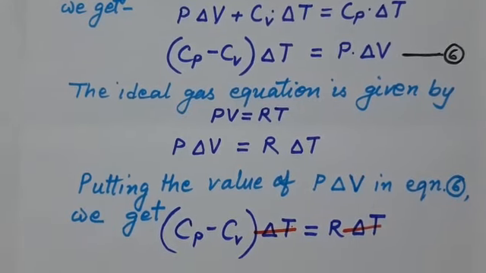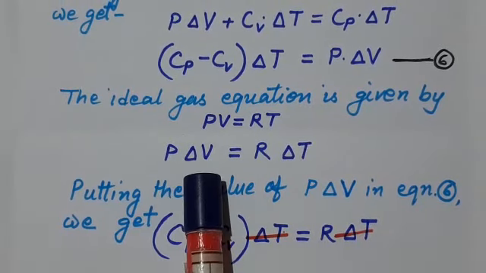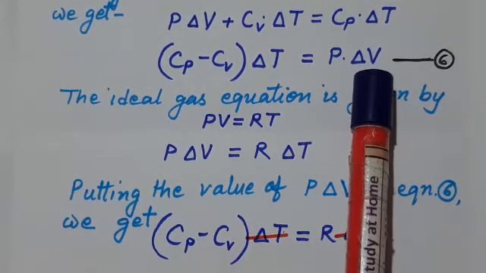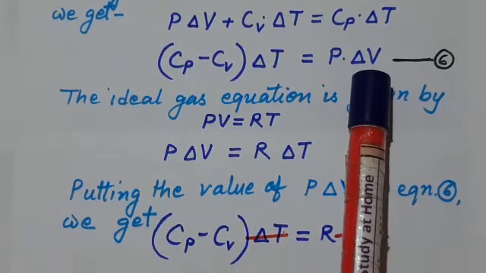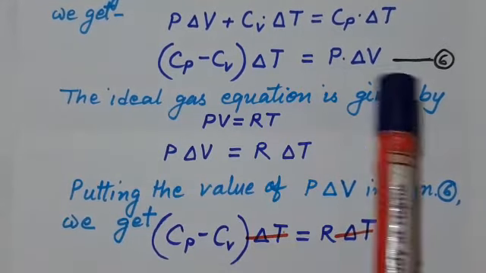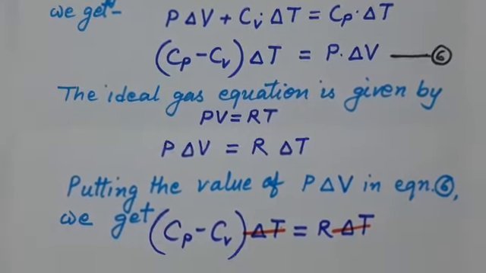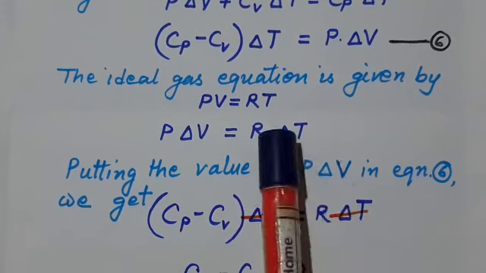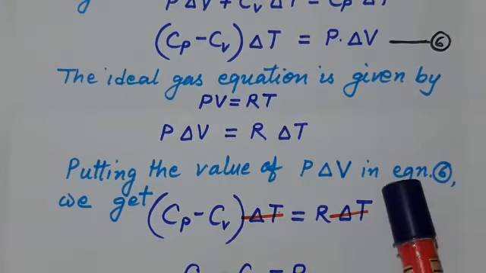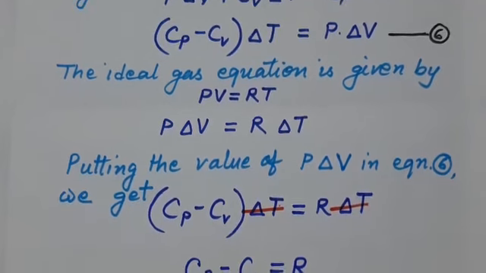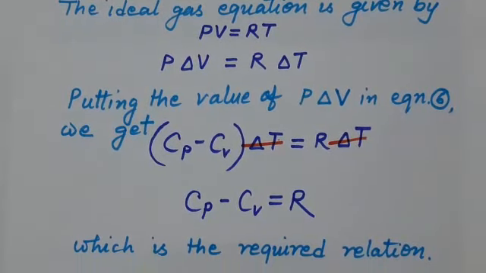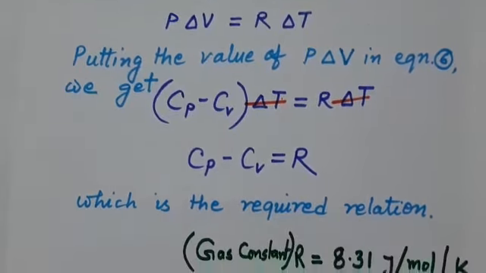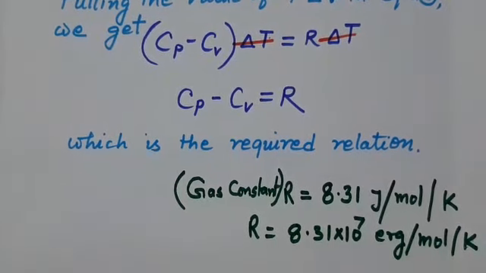Now putting this value P into delta V equal to R into delta T in equation number 6, Cp minus Cv into delta T equal to R into delta T. Then delta T and delta T cancel out. Then Cp minus Cv equal to R, which is the required expression. And this is Mayer's equation. R is the gas constant, and its value and unit is given.